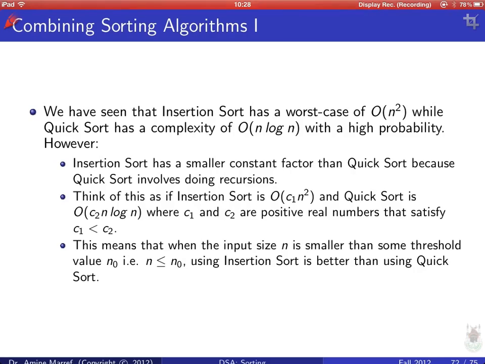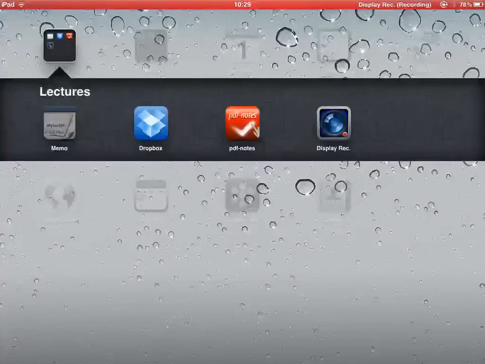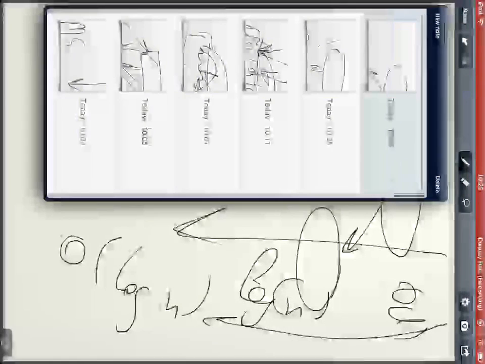But for sure, when n is small, which means in some textbooks less than 30, but this is not engraved in stone. Okay? When n is small, insertion sort has a low constant factor compared to quicksort. So when n is small, insertion sort is better to use than quicksort.